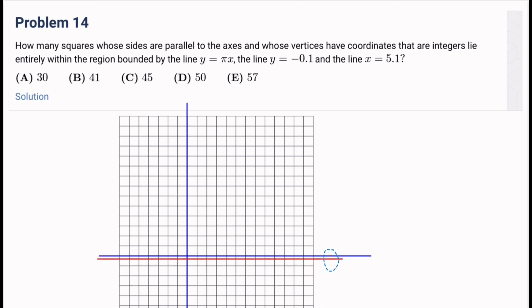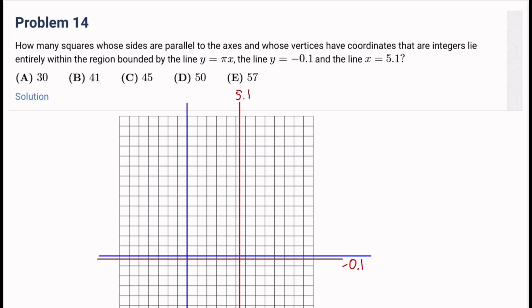And our line x equals 5.1 will be very slightly to the right of the line x equals 5, and so that will be our x equals 5.1. So this is 5.1. This is negative 0.1. And lastly, we have y equals pi x.